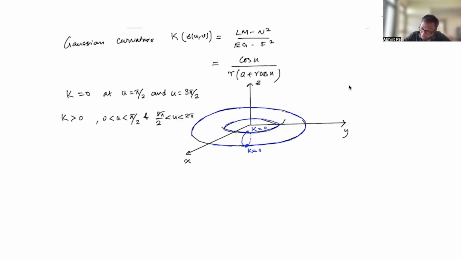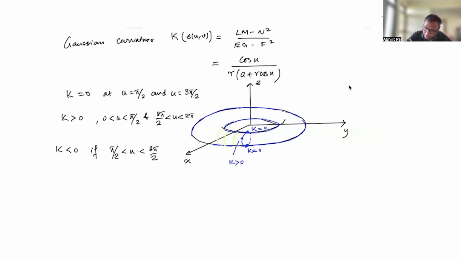If I take this part, here K will be positive. And K is less than 0 if pi by 2 less than u less than 3 pi by 2.